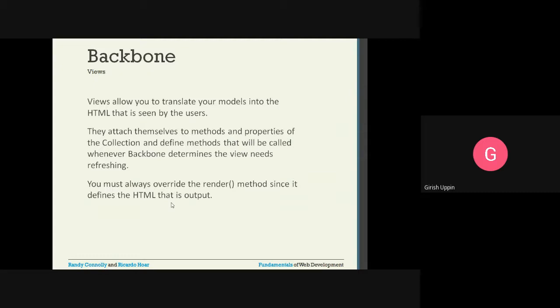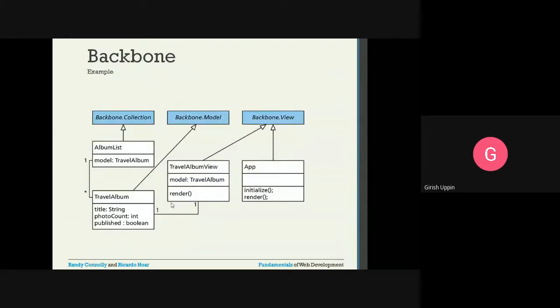The render method is available as part of Backbone.View. When we extend that view to create our own view, we have to override the render method, which will define the HTML output. This is a simple example. Here we have an album list, which extends Backbone.Collection.